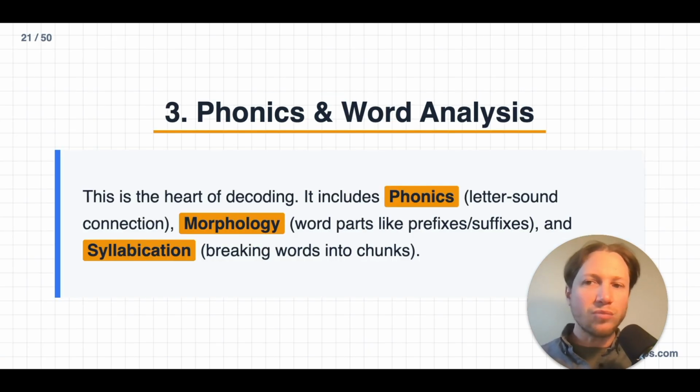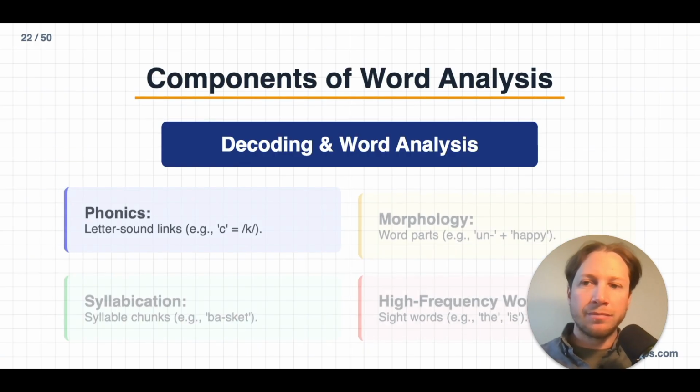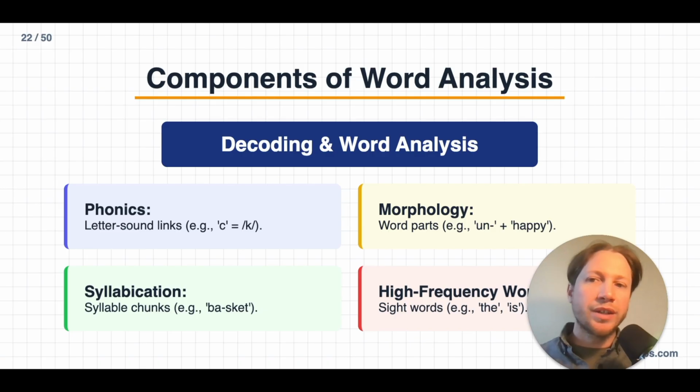All right. Also recall, let's go on next to phonics and word analysis. Phonics and word analysis are the skills that students use to decode, which means to read, including morphology and breaking words into syllables. Word analysis is really the broad category that includes phonics, morphology, syllabication, and recognizing high-frequency words.